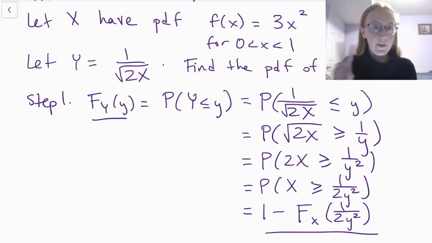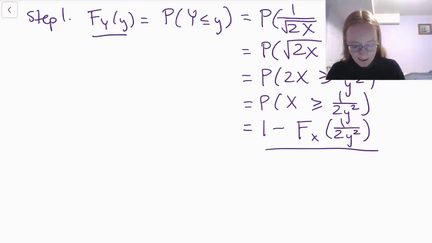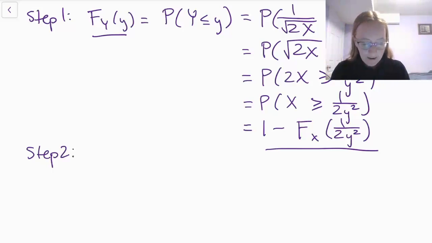Step 2, we want to, in one order or the other, sub in the information we know about f of x and then differentiate to get the PDF. So we can do it in either order though. Let's try it one way. Let's find big F of x, right?